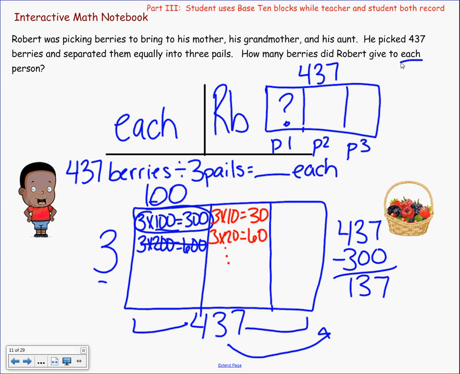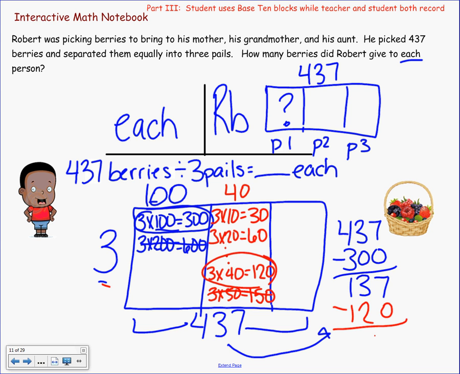I know that 3 times 4 would be 12, so 3 times 40 is 120. So I'm going to go one more. 3 times 50 is 150. Well, 150 is too much, so that's crossed off, and I'm using the 3 times 40. 3 is on the side, so I write my 40 on the top. And I have 120. That's what I'm going to subtract over here. So that leaves me with 17.